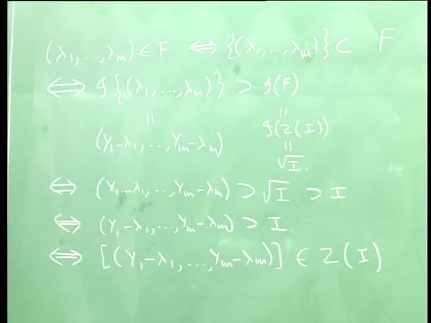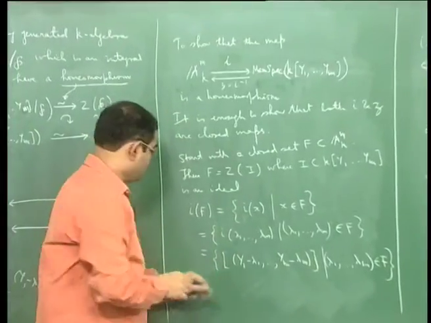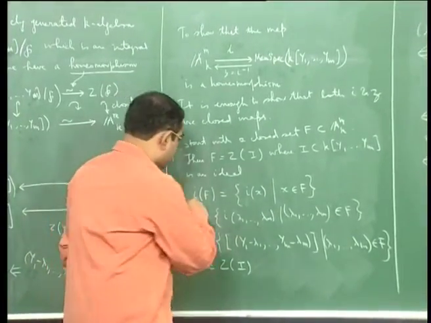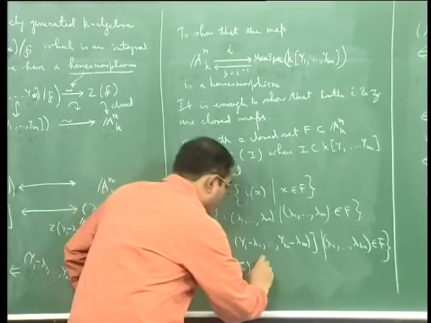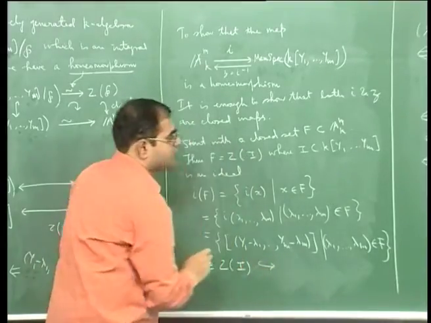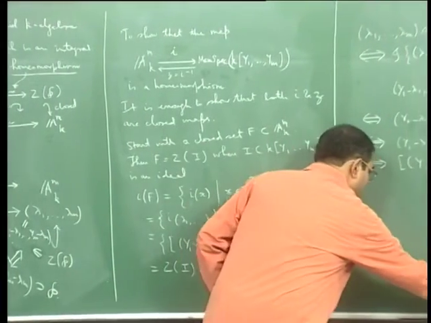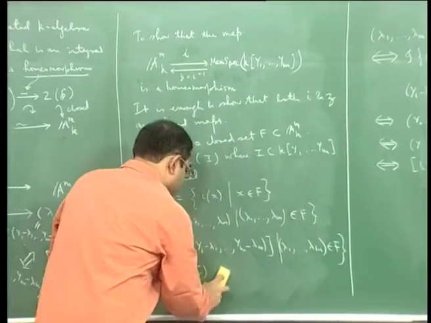So in other words, this is just Z of I, and so I of f is Z of I, which is a closed subset. I should say it's Z of I intersection all the maximal ideals.